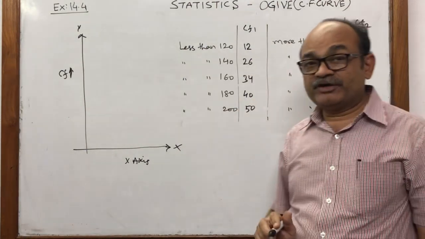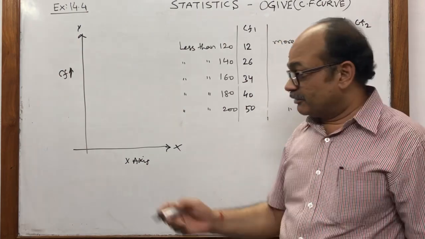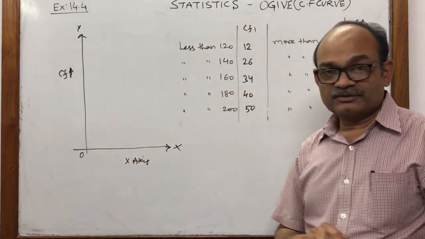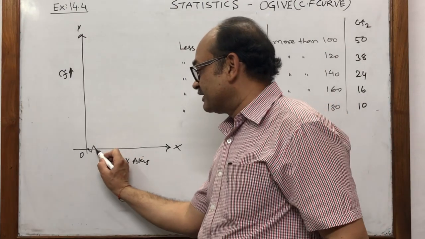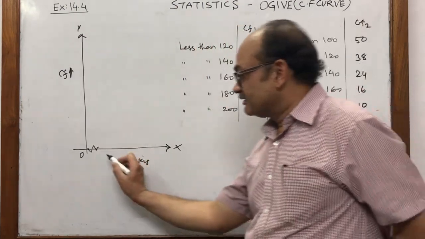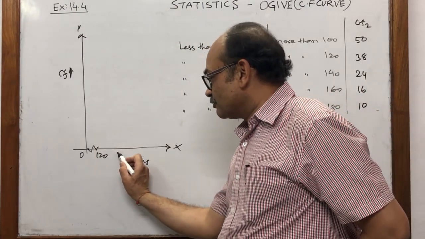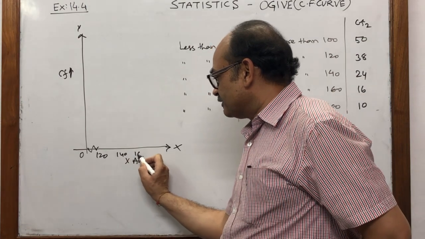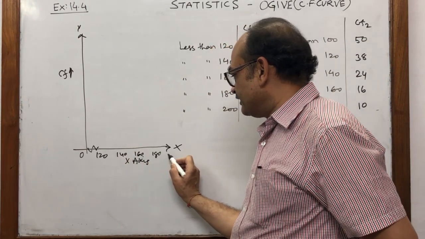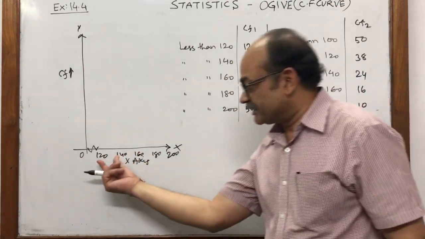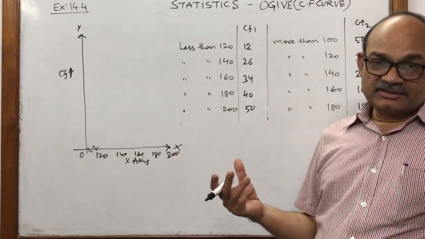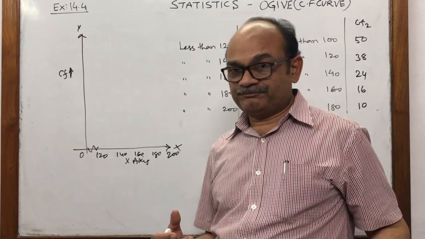Now we have to start from 120, but here it is the origin, so as you know from class 9th, we have to put a kink, and then with a particular scale 120, 140, 160, 180 and 200 the last.